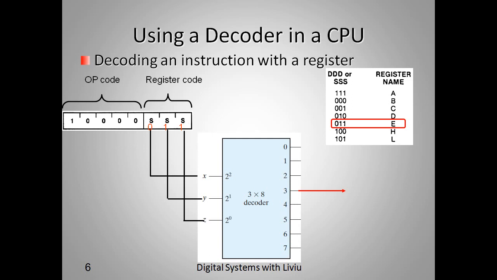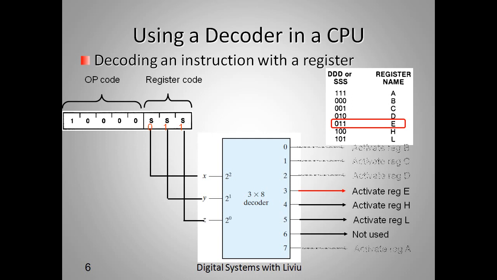This line is straightly connected to register E. Therefore, it will activate register E. In a similar manner, the other lines are connected to the appropriate registers corresponding to the code that's in the table above.